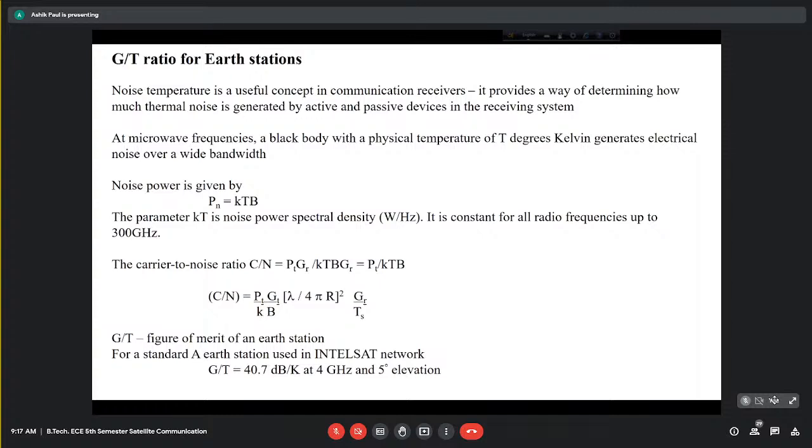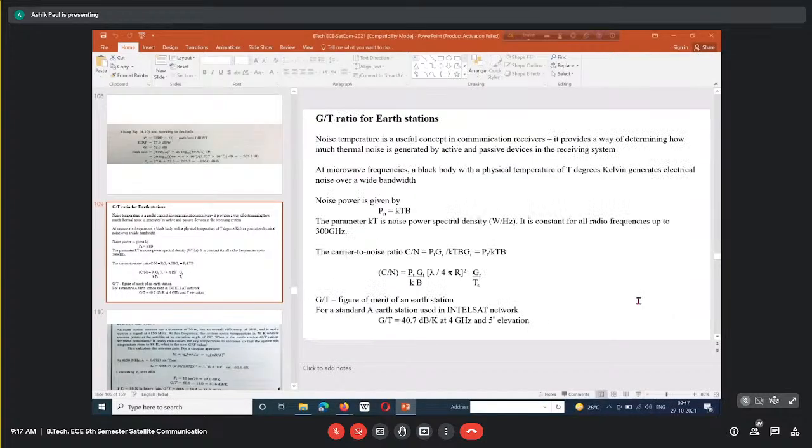So if you represent the different blocks of a communication receiver with this two-port concept, then each of these individual two-ports is contributing some amount of noise temperature to the overall system noise temperature. And the relationship which we find normally, let me see if I can write it over here somewhere.